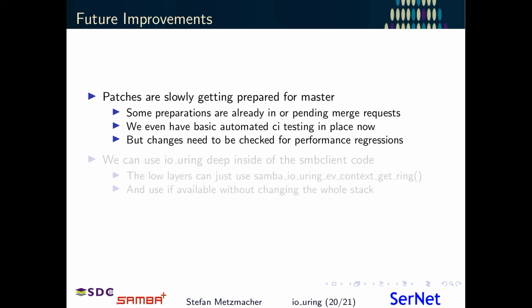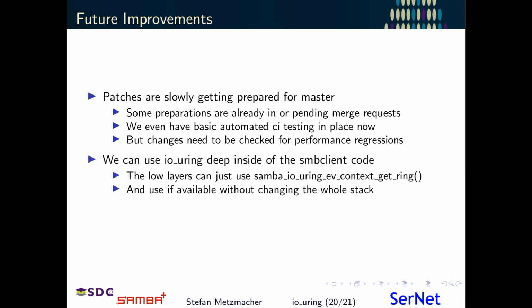And in the far future, what we could also do is in SMB client code, because we pass down the T-event context everywhere, we would be able to use this IO-ring event context in order to make use of it down the stack there.